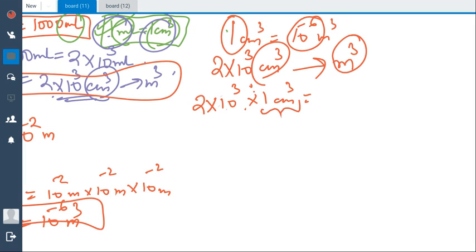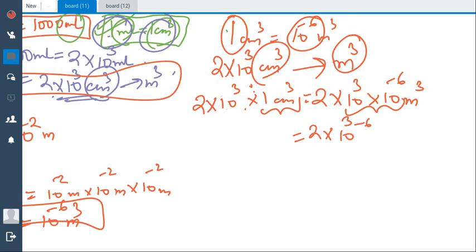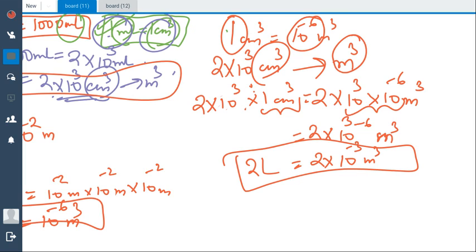Now, what is the value of 1 centimeter cube? 10 raised to minus 6 meter cube. So I'll write 2 into 10 raised to 3 into 10 raised to minus 6 meter cube. This will be equal to 2 into 10 raised to 3 minus 6 meter cube, that's equal to 2 into 10 raised to minus 3 meter cube. Therefore, 2 liters will be equal to this. I hope this is very clear to you.